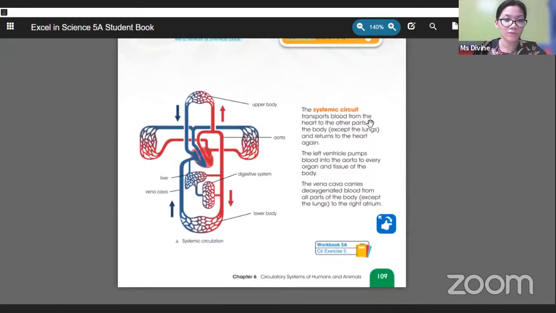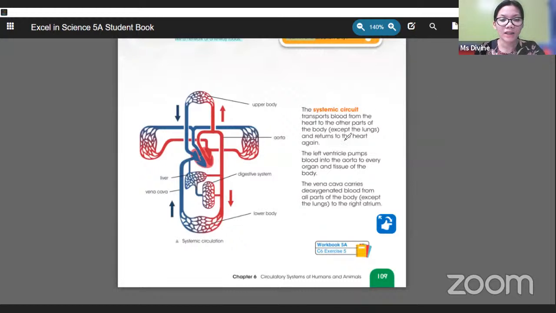In the lower body, we have our stomach, reproductive organs, and urinary organs. The systemic circuit is the transport of blood from the heart to the parts of the body except the lungs. Okay, where is the left ventricle?